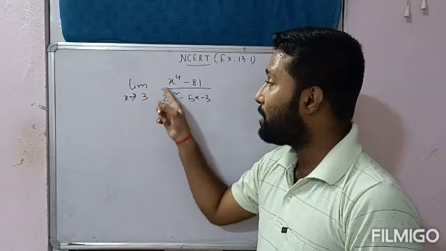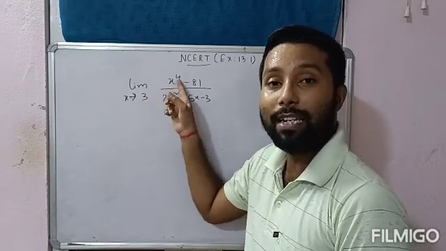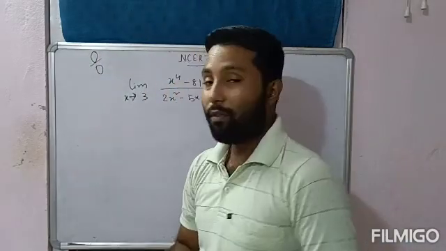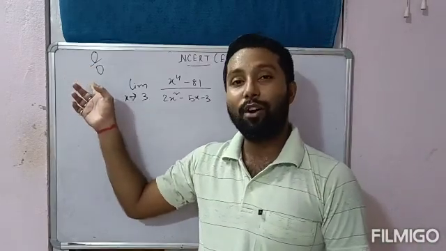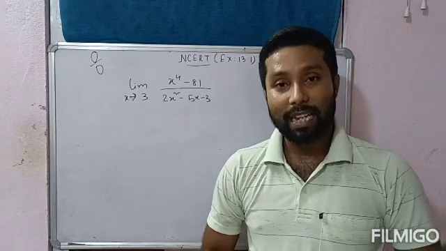Moreover, if you substitute the value of x in the numerator also, 3 to the power 4 is 81, 81 minus 81 is 0. Means if we directly put the value of x in this function, we will get the form 0 by 0, which is meaningless.